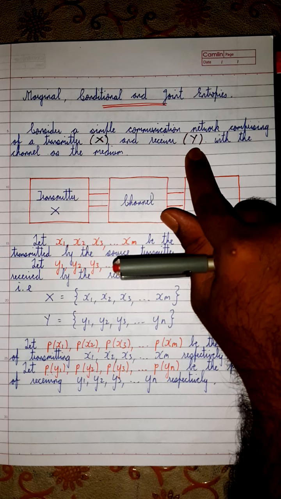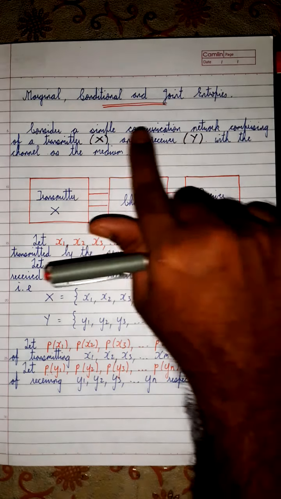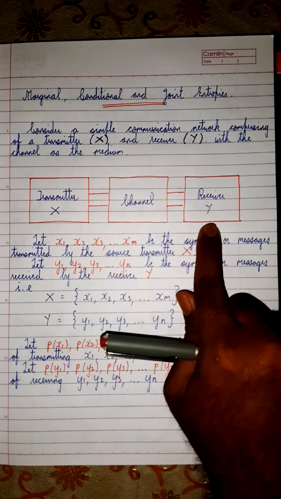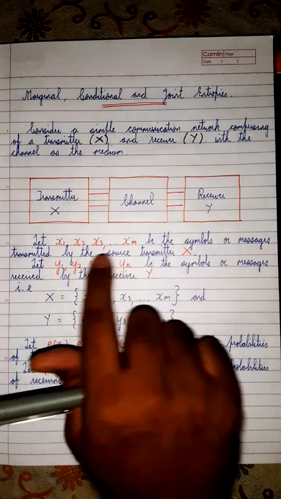Always remember the letters which represent the corresponding concept. So we consider a simple communication network comprising a transmitter X and a receiver Y, with the channel as the medium.